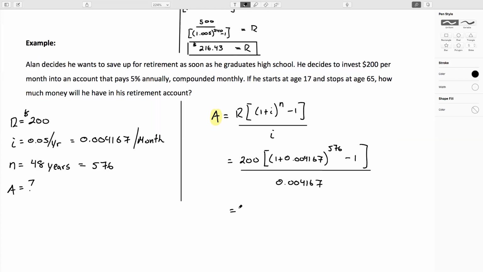I'm going to simplify the numerator. So 1 plus... okay, so this becomes 200 times 9.968 all divided by 0.004167.